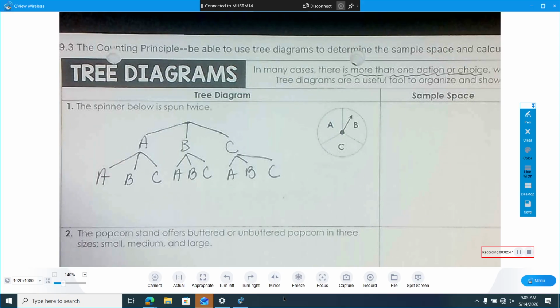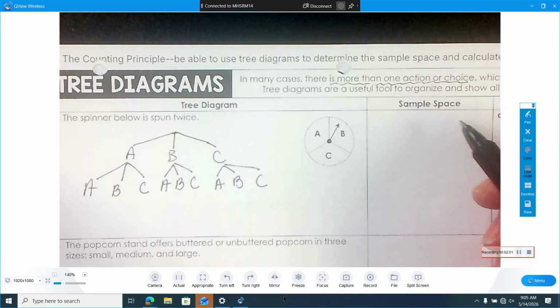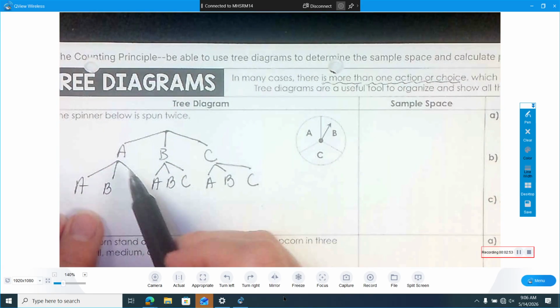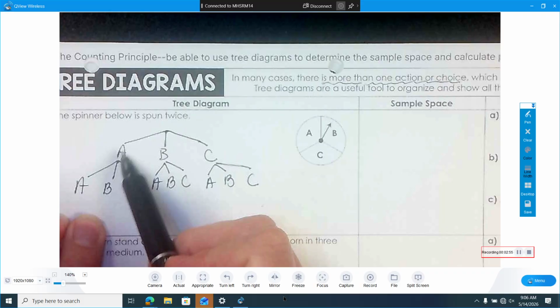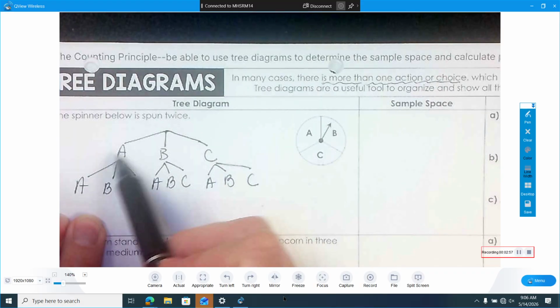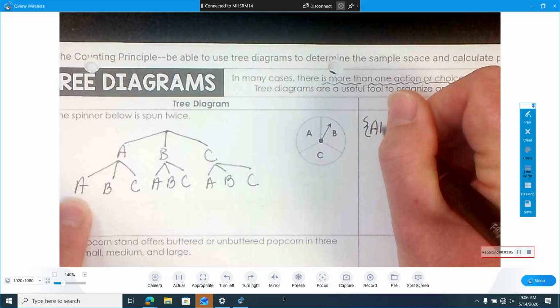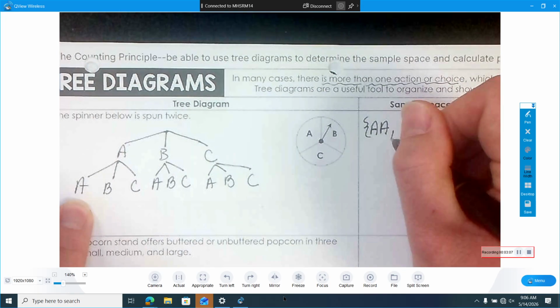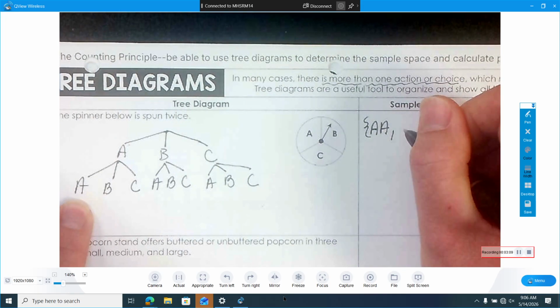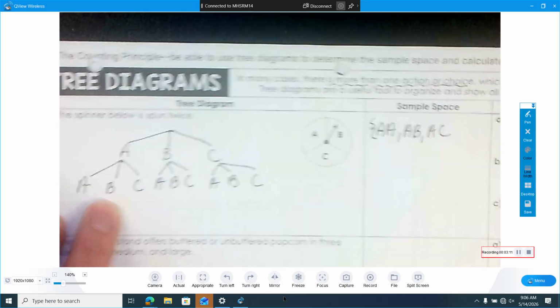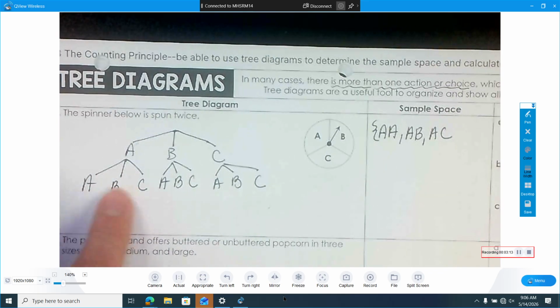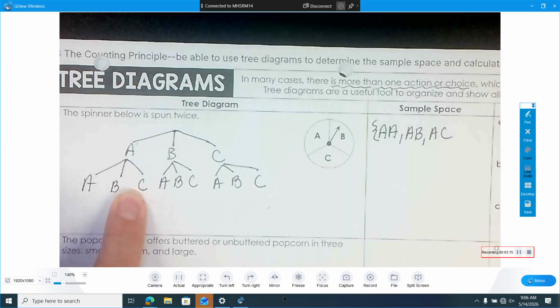And so what could happen here for our sample space are all the combinations that we can run the branches through. So my sample space here was, first I could have started and gotten an A, and then the second spin I'd get an A. Or it was A and then B, or A and then C. So that is the first little branch here of those results.